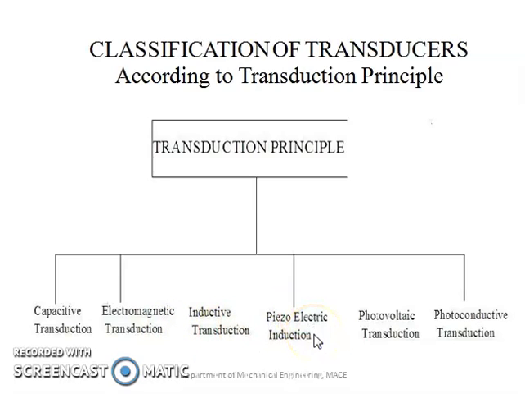When pressure applied to a piezoelectric crystal generates some change in EMF, it is piezoelectric type. When the measurand is light and the change in that light is converted into EMF generated in a PV cell, it is photovoltaic type. And when the change in light is converted into the change in resistance of a semiconductor, it is photoconductive type.